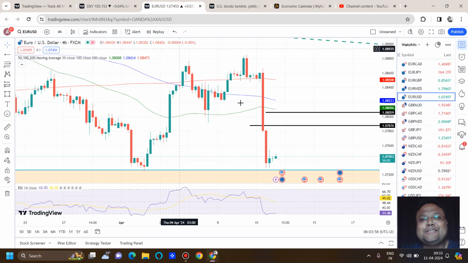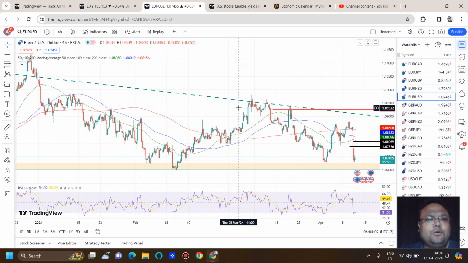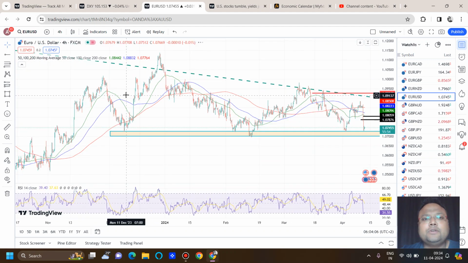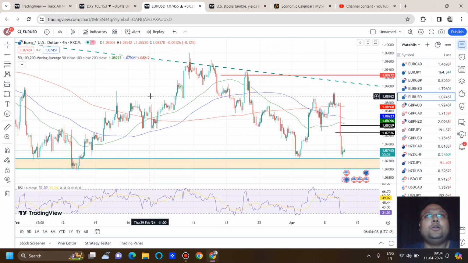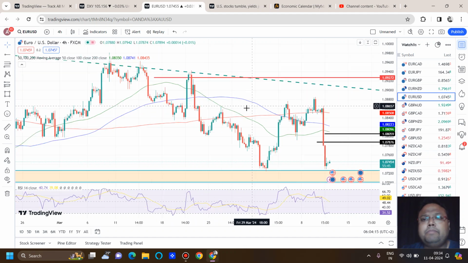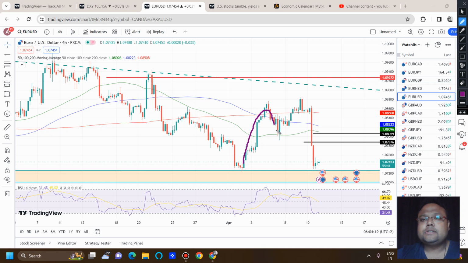Okay, now let's look at the chart of Euro dollar. So my dear friends, for the last few days, weeks, Euro USD was forming lower highs, which was showing that market is under pressure. New sellers were coming in, but yesterday we saw that Euro USD was trying to recover.